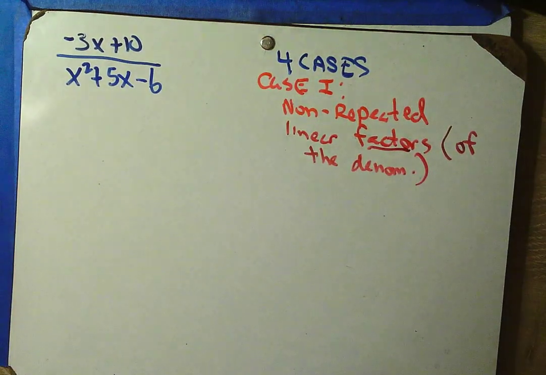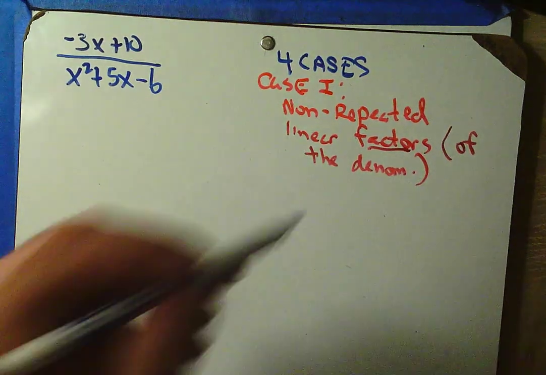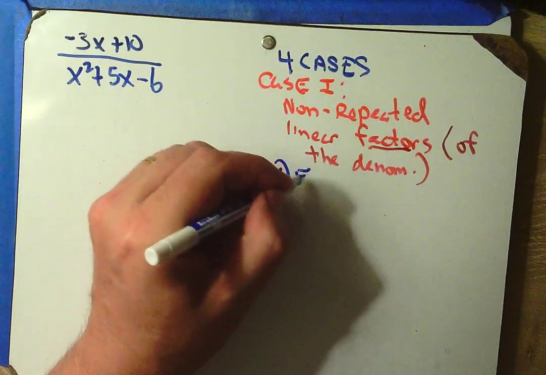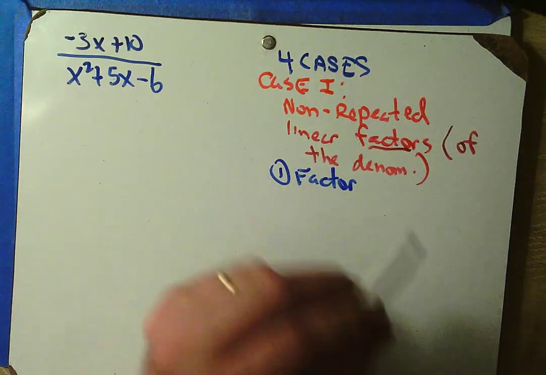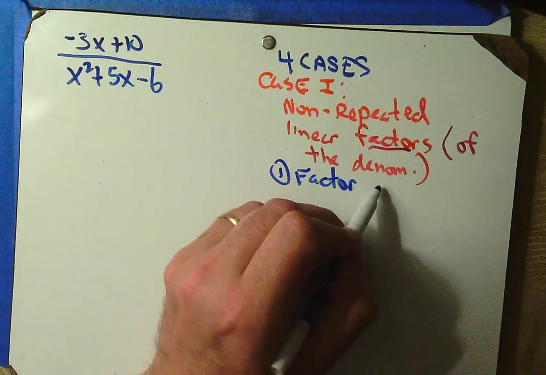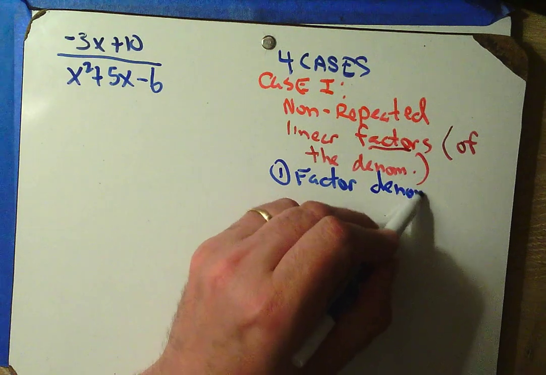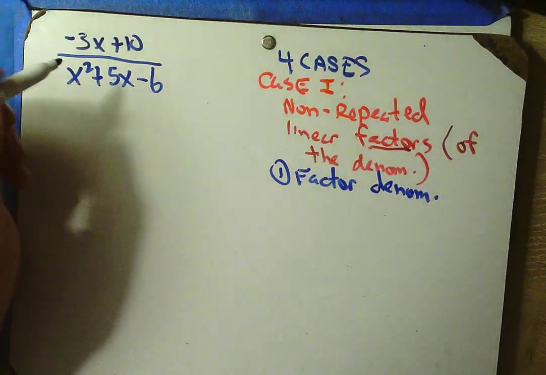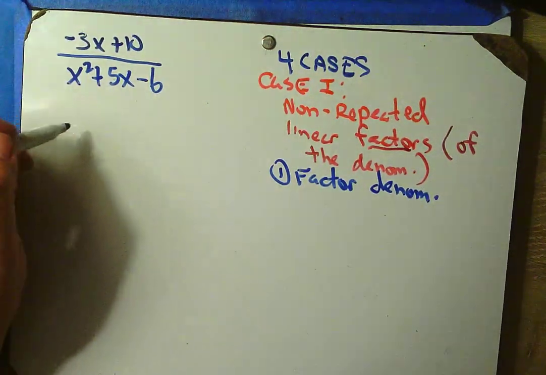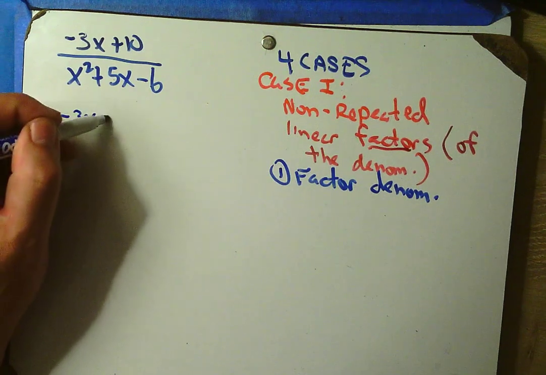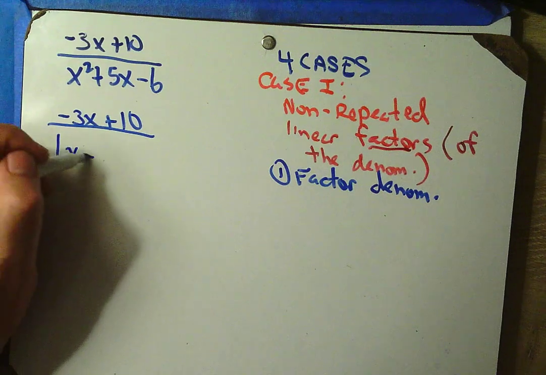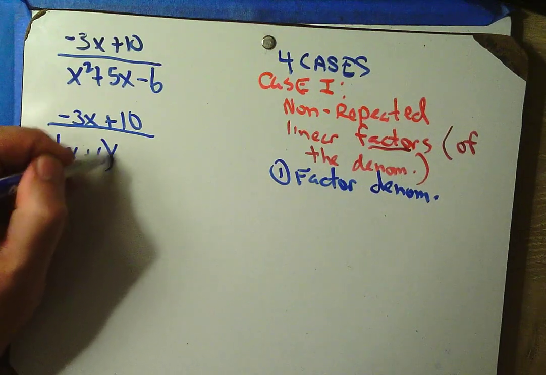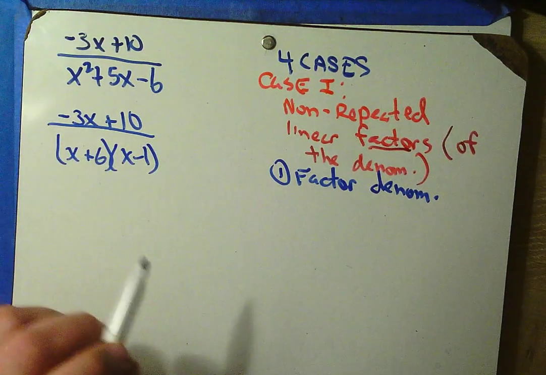So, the first thing we always want to do here is factor the denominator. Sometimes we'll be given the denominator in factored form, other times we will not. All right, well, I know how this denominator factors, but even if I wasn't comfortable with it, I would apply my factoring skills: x plus 6, x minus 1.